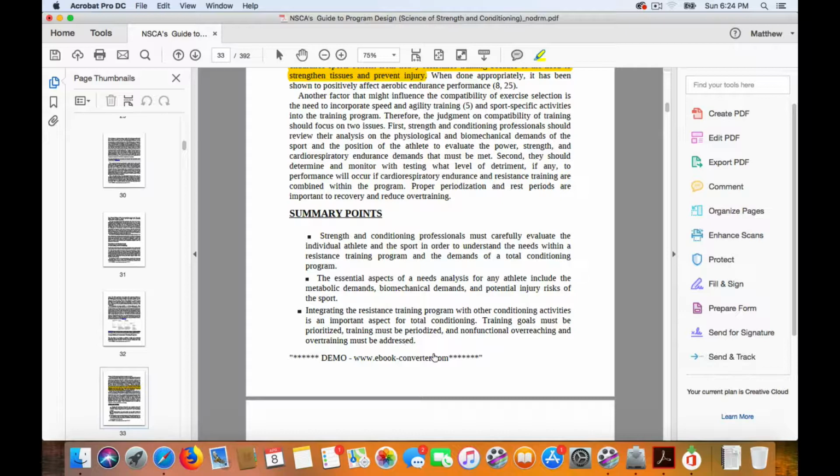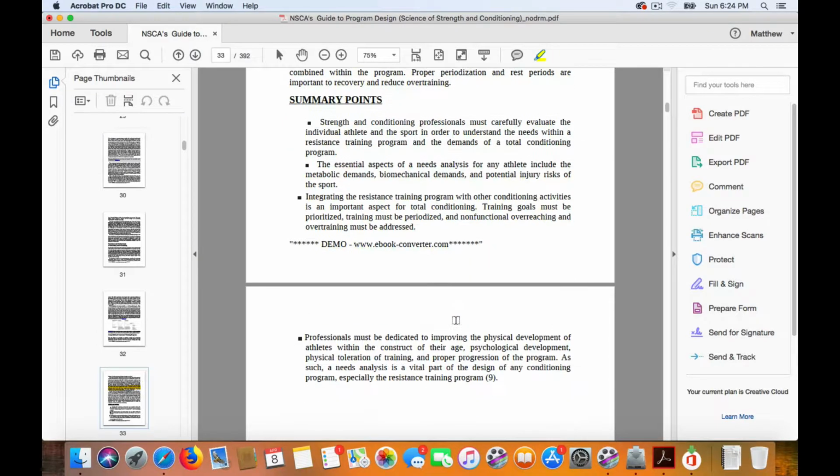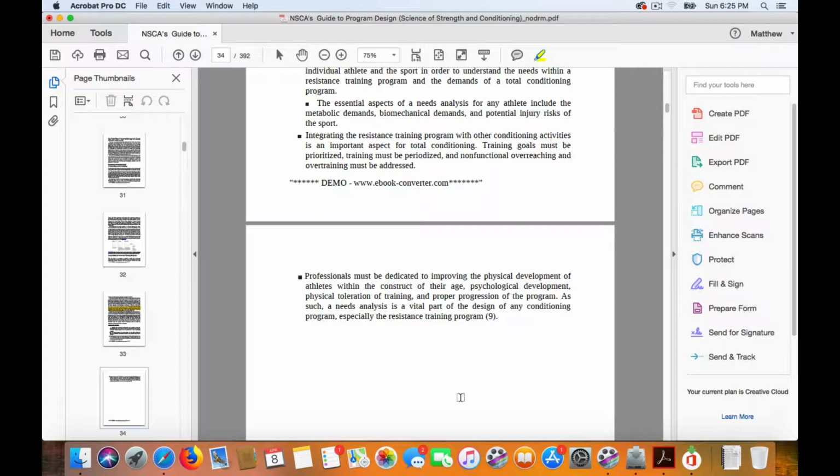Training goals must be prioritized, training must be periodized, and non-functional overreaching and overtraining must be addressed. Professionals must be dedicated to improving the physical development of athletes within the construct of their age, psychological development, physical toleration of training, and proper progression of the program. As such, a needs analysis is a vital part of the design of any conditioning program, especially the resistance training program.